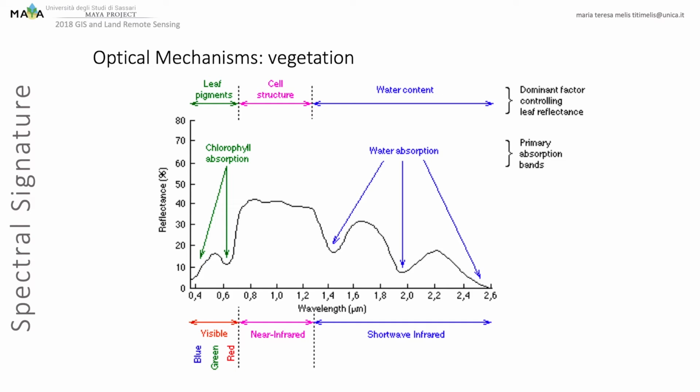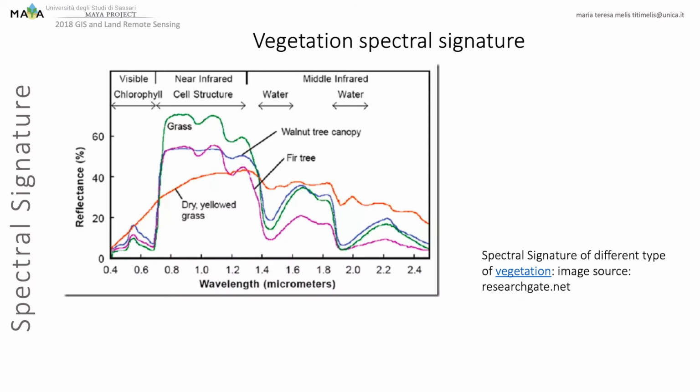So to analyze the health of vegetation, we can analyze visible, near infrared and shortwave infrared, related to different characteristics. If we want to analyze the water content of vegetation, we have to use data from shortwave infrared.